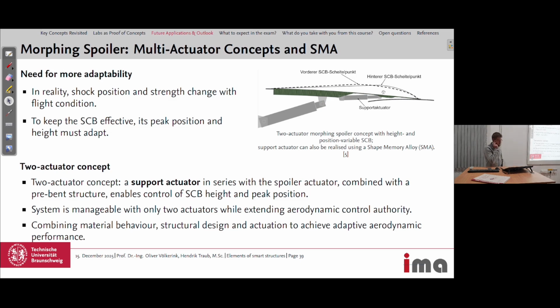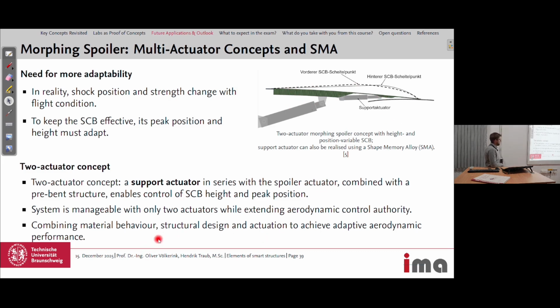They also investigated a second concept, a two-actuator concept with a support actuator, because they found out that it is also necessary to control the position of the highest point of the bump. Therefore there is a support actuator which influences the pre-bending of this surface, and you can move around the highest point of this shock control bump.